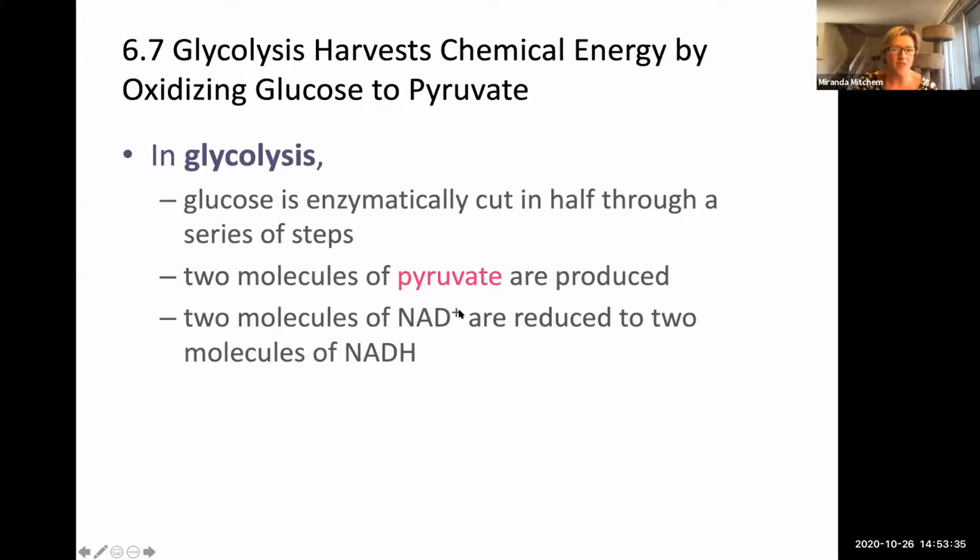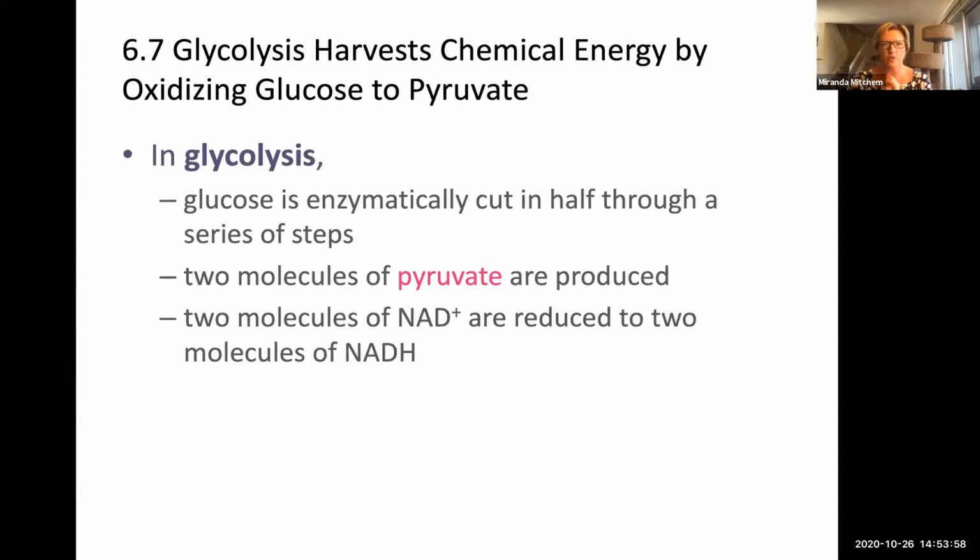2 molecules of NAD plus are loaded with electrons and they become reduced to NADH. So glycolysis also loads the electron carriers so that they may feed into the transition step. So we've got really two outcomes of glycolysis.